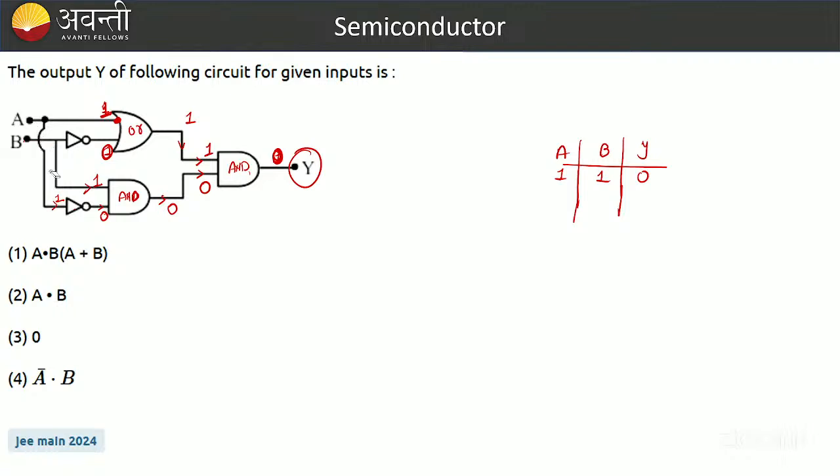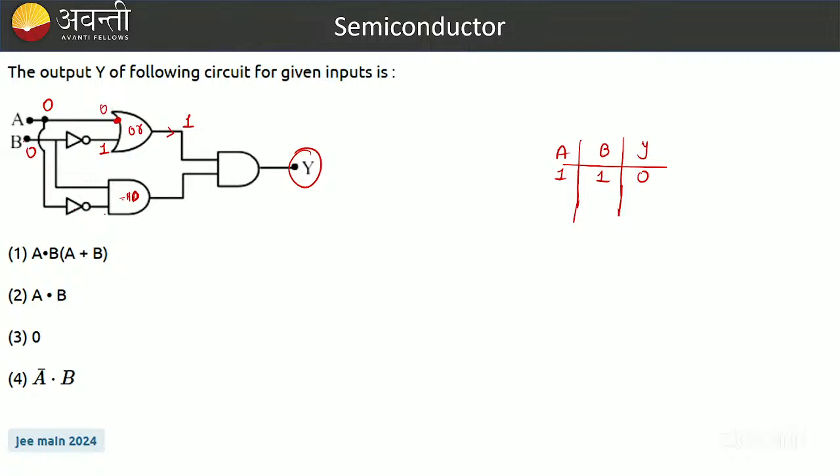Now, just change the value to 0, 0. Then again, we will see what is happening. When we take it as 0, 0, this 0 will travel here, but will convert into 1 because of this NOT gate. And again, the signal that this OR gate provides to us is 1. 0, 1 will be 1.